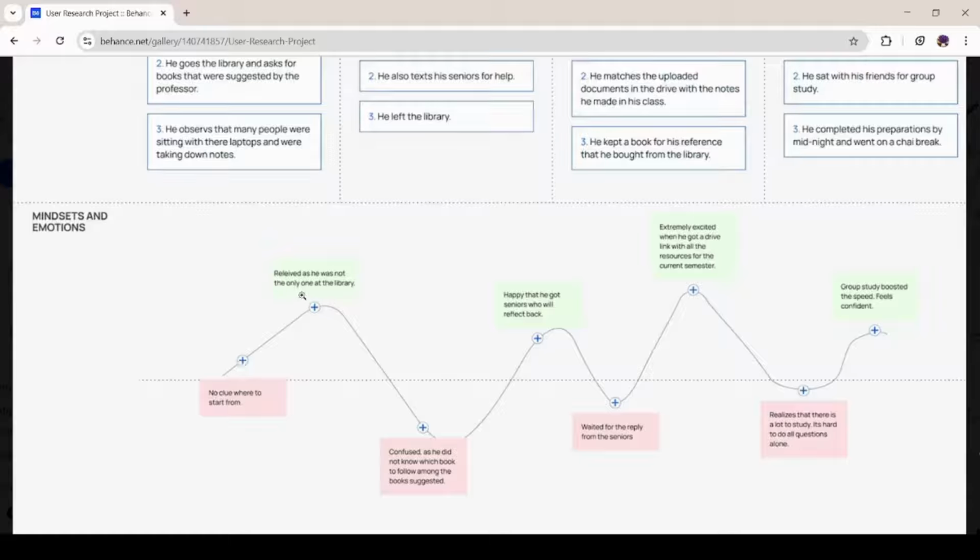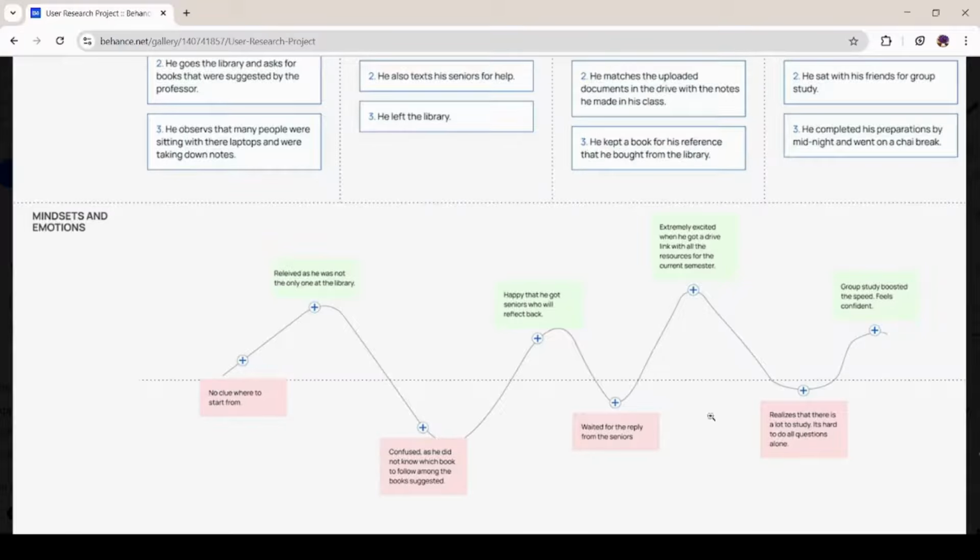And then he's really relieved, as he was not the only one in the library, so he was relieved. But then he was confused, as he did not know which book to refer to, which book to take. And then he became happy again when he knew that, okay, my senior is going to help me, I've got some referrals. And then he was again sad when he was waiting for the reply from the senior.